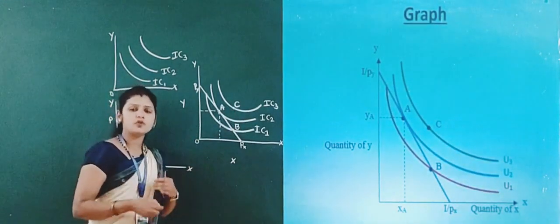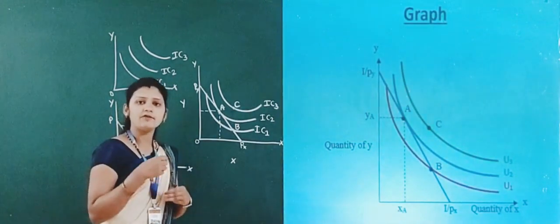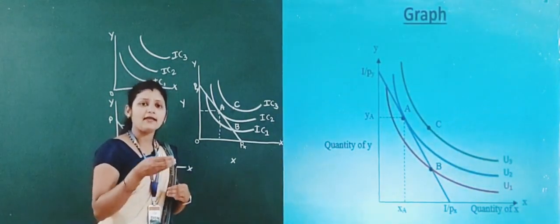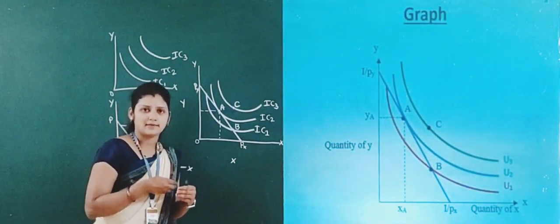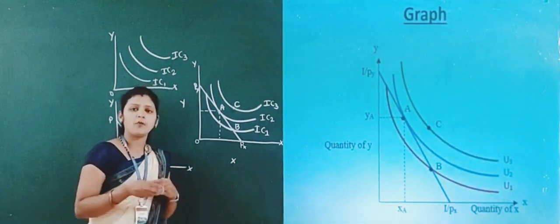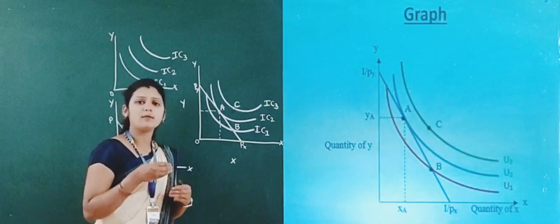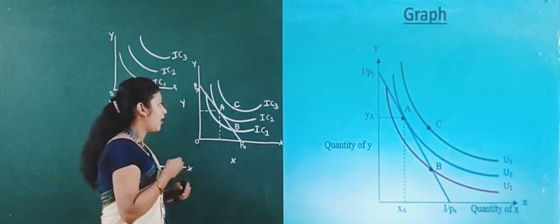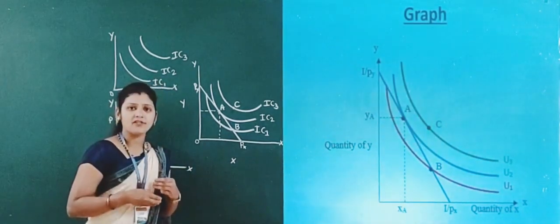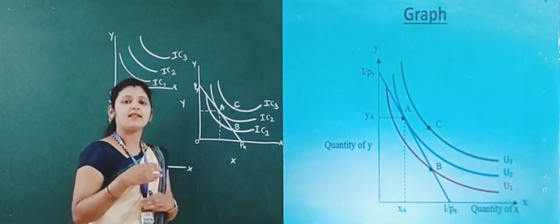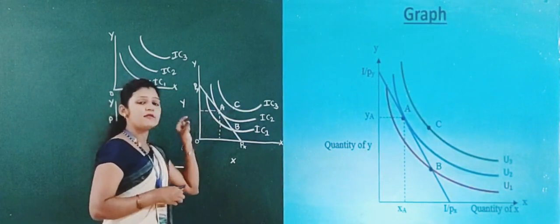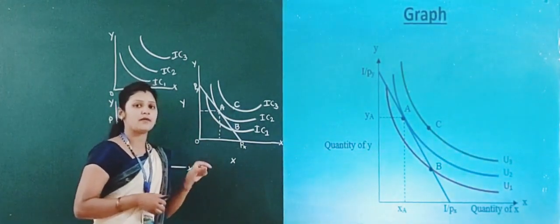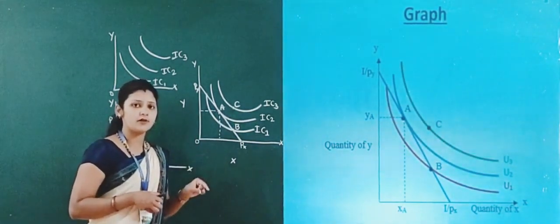When the consumer gets a higher level of satisfaction and the commodity combination should be on the budget line. Means the combination should be on the budget line, and also from that combination he will get the higher level of satisfaction. Now tell me, is point C the optimal choice of the consumer?